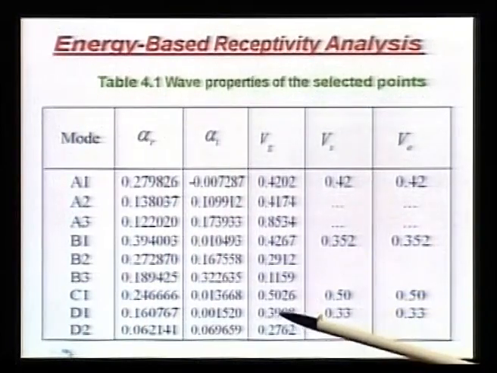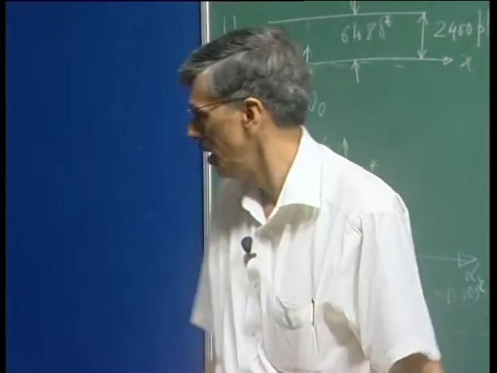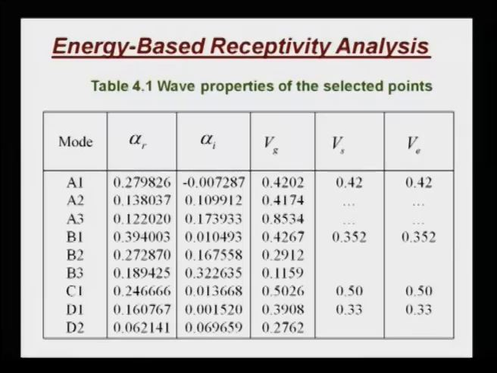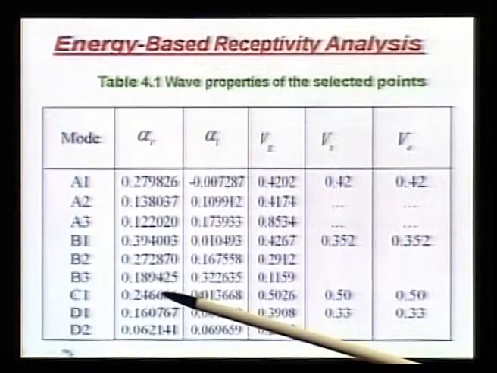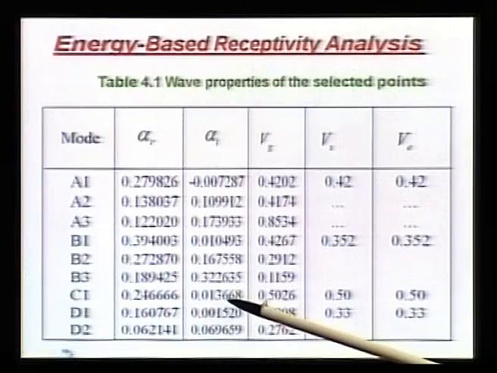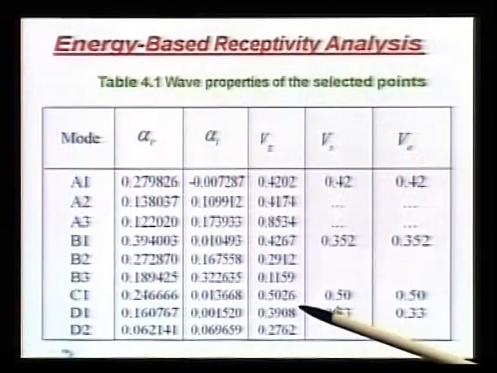In contrast, point C, which was a subcritical point, has only one mode with alpha as 0.25. Alpha is also indicative of a stable mode, and the group velocity is half of U infinity.